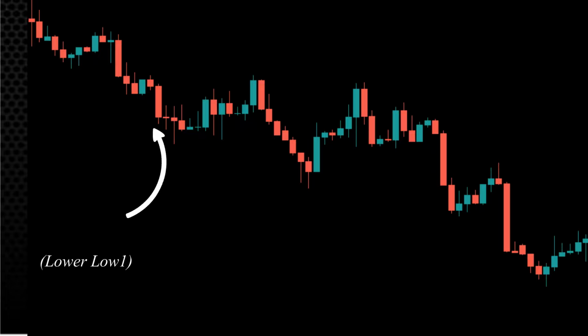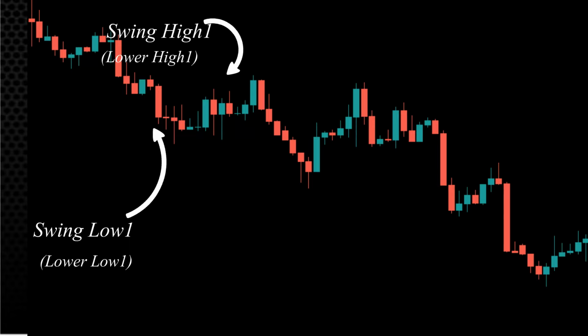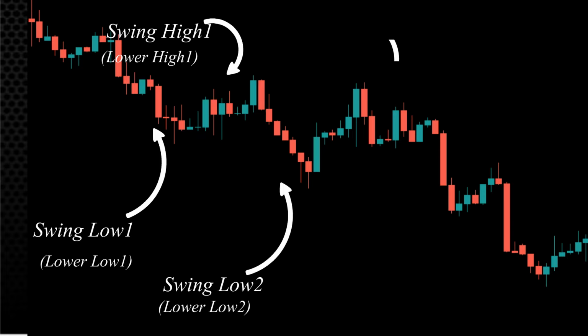Observe that the first swing point here is the swing low 1 or lower low 1. The second swing point is the swing high 1 or the lower high 1. The third swing point is the swing low 2 or the lower low 2, while the fourth swing point is the swing high 2 or the lower high 2.